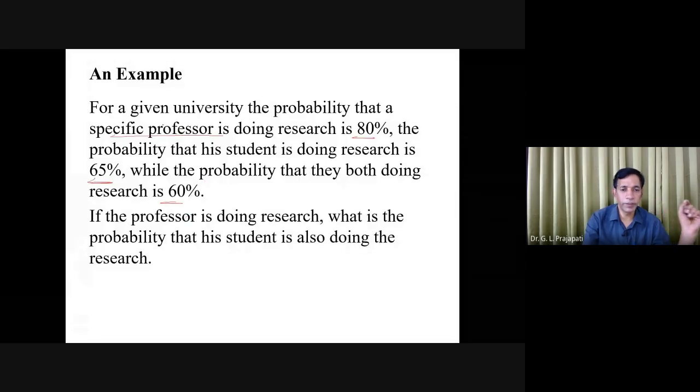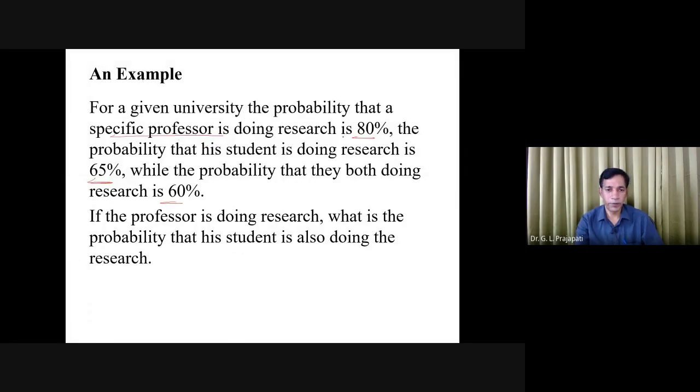So you have some university, and it talks about some specific professor, and that professor is doing research. The probability of such a professor doing research is 80%, which means 0.8, and the probability that his student is doing research is 65%.